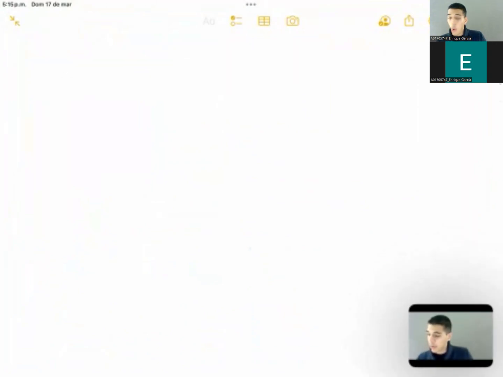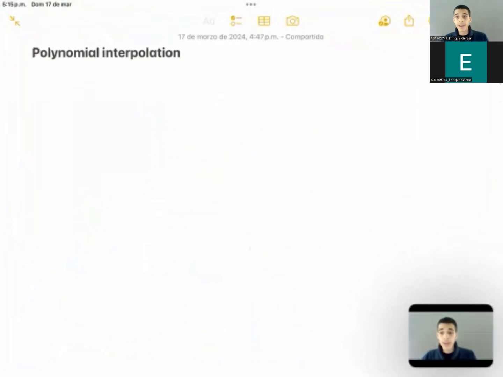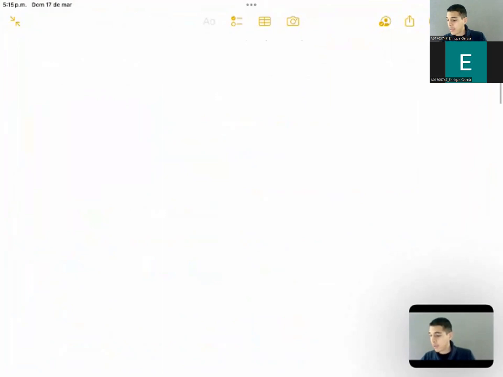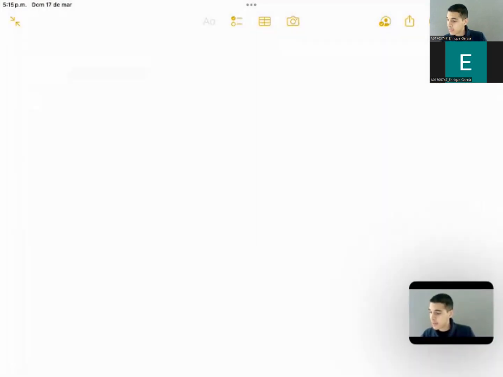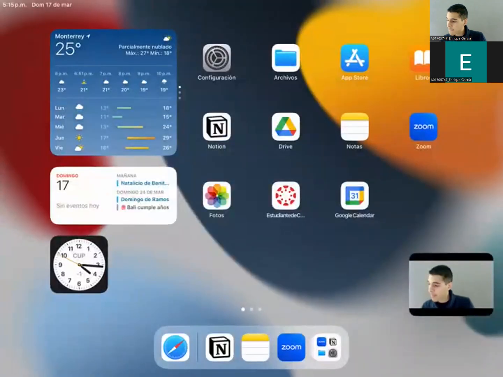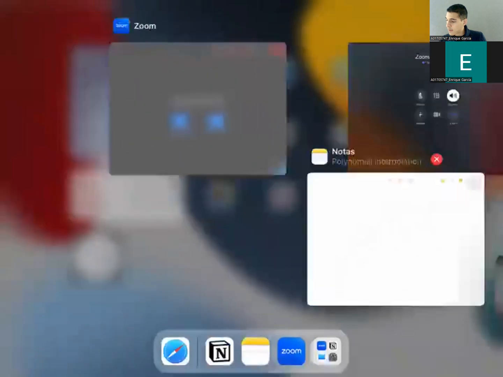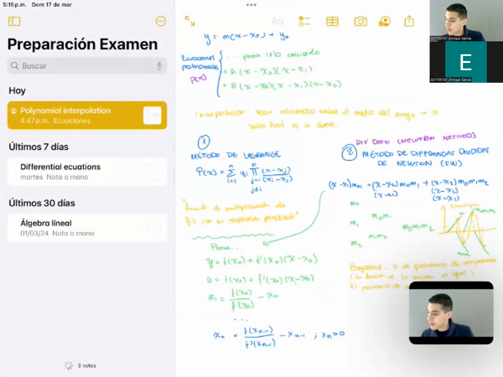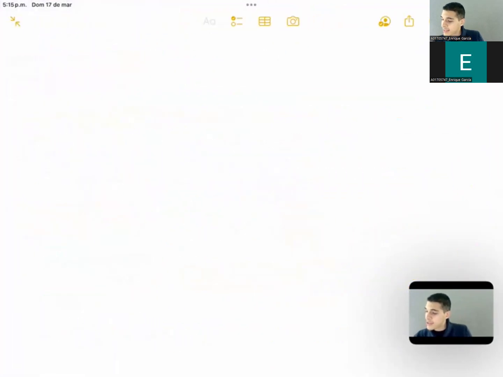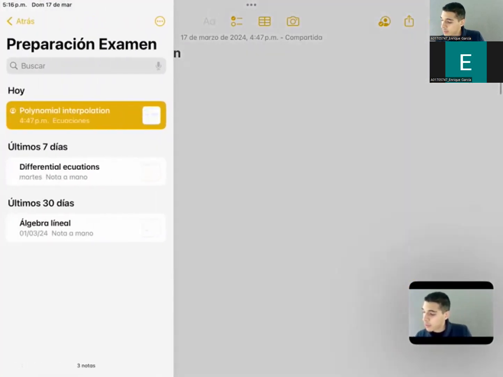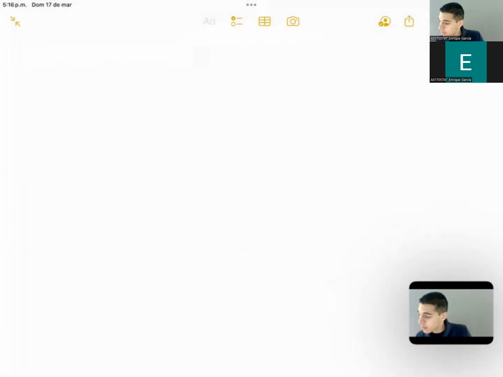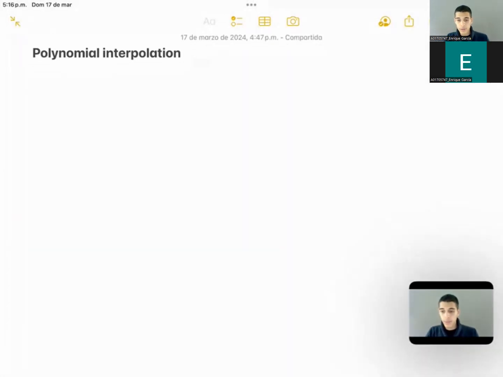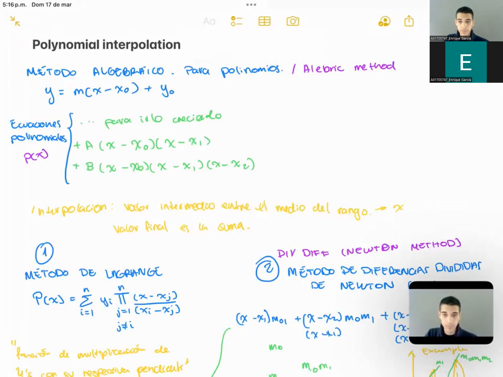So basically, let's start exploring how to get them, and next we'll explore the algorithms. All right, so let's explore polynomial interpolation.